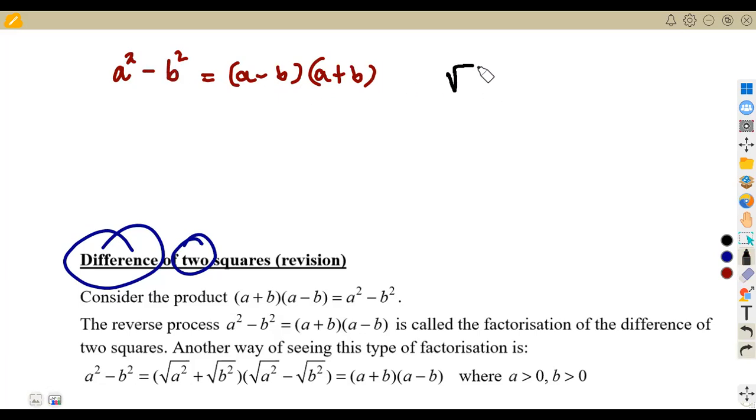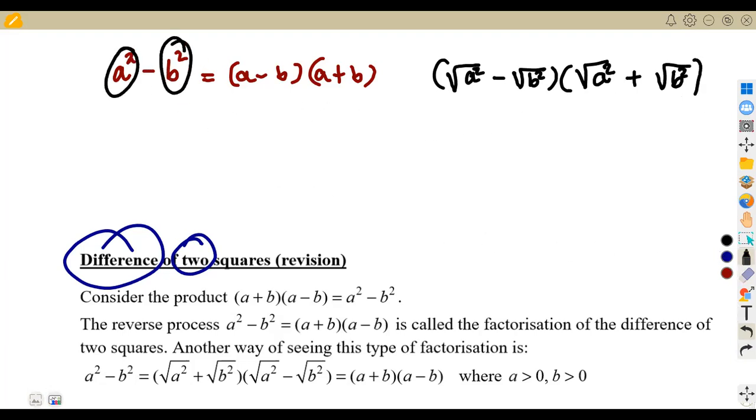So we determine the square root of a squared minus the square root of b squared in one bracket. You do the same thing, the square root of a squared plus the square root of b squared in another bracket, which comes from these two terms that we are having here.